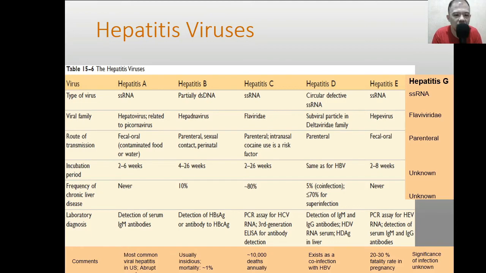Again, I showed this before in GenPath, and what we are going to focus on are the antibodies, antibodies that will rise and fall through the course of time. I added hepatitis G because it's actually rare, but it merits mention.